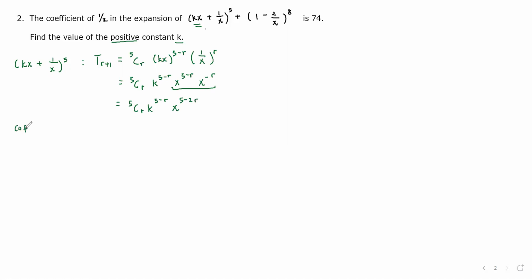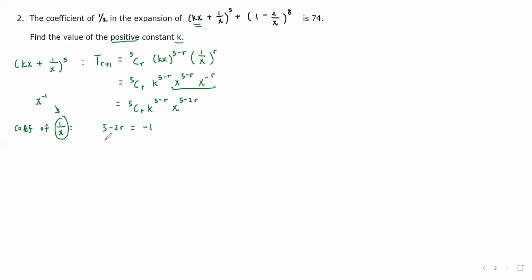We need to look at the coefficient of 1 over x. 1 over x is also x to the negative 1. So the power of x here, which is 5 minus 2r, we equate this to negative 1 because we are looking at the coefficient of 1 over x.